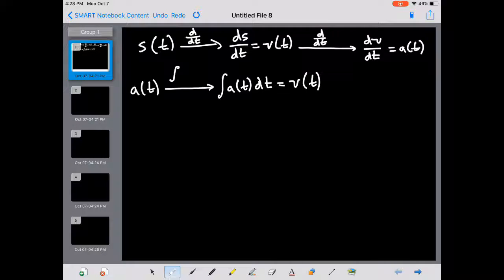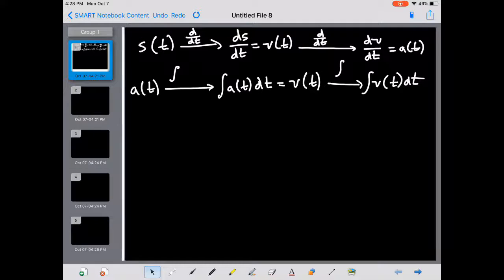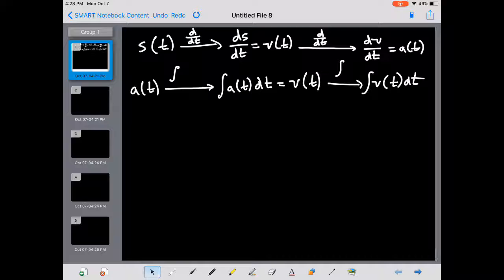If I want to undo v of t, I take the antiderivative of v of t dt, which is equal to x of t.